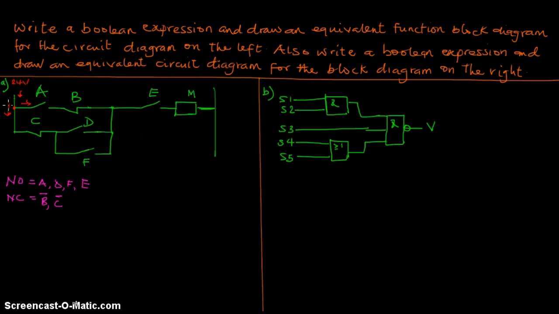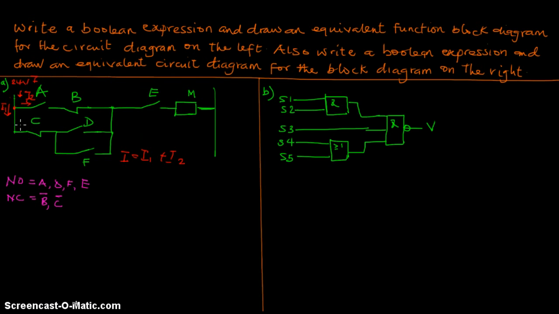Let's call this current I1, and let's call this current I2. Which means that the big I, which is the current from the main source here, is equal to I1 plus I2. So it's basically the sum of those two currents that makes the big I.